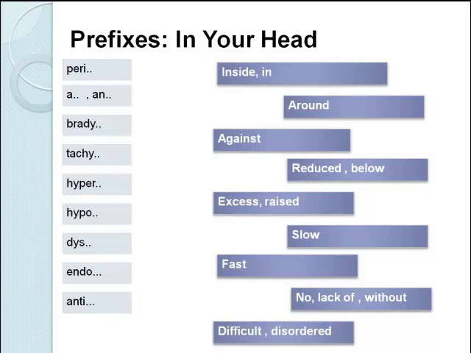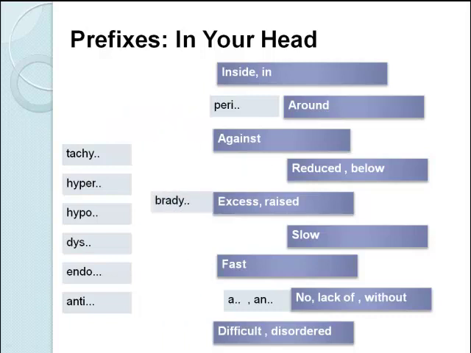Let's look at the first one. Peri. Peri means around. So, for example, pericarditis would be inflammation around the heart. A or an at the front of a word means no or lack of or without. So somebody suffering with anorexia is without appetite.